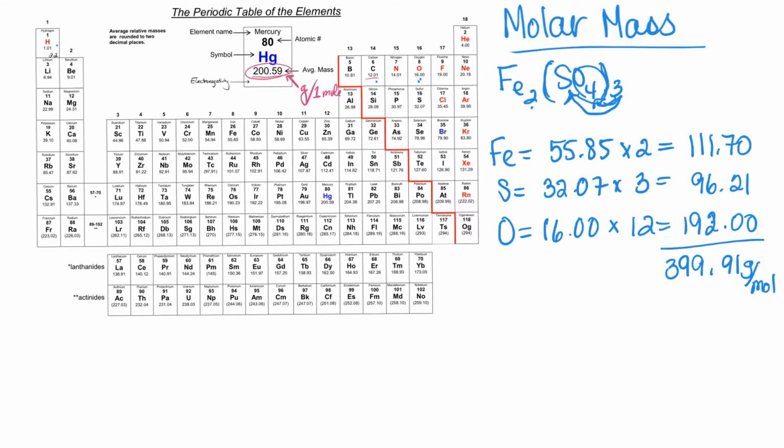So again, when you weigh out 399.91 grams of iron(III) sulfate, you're going to have 1 mole of iron(III) sulfate. And when you weigh out that 399.91 grams, you are essentially having 6.02 times 10 to the 23rd molecules.